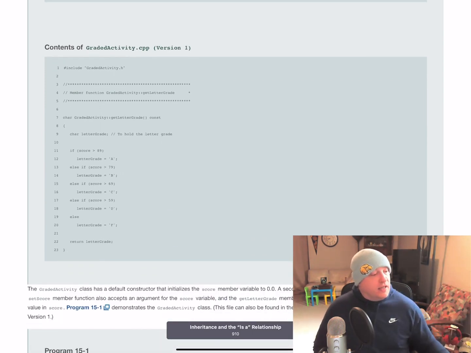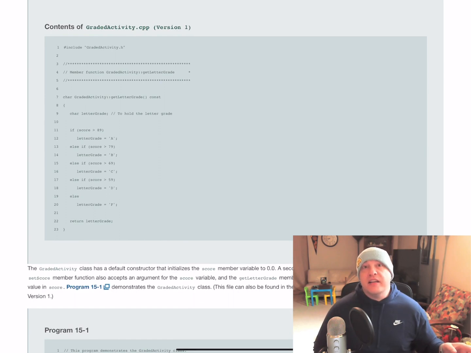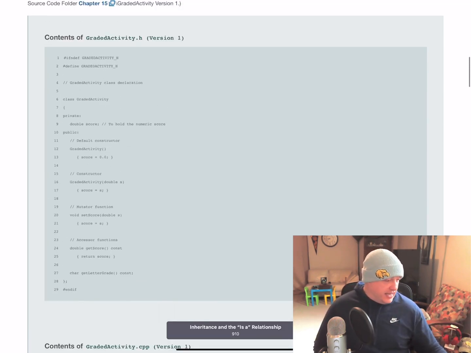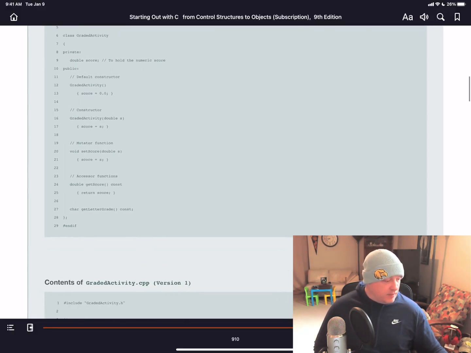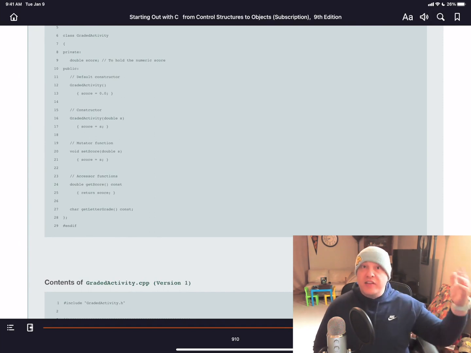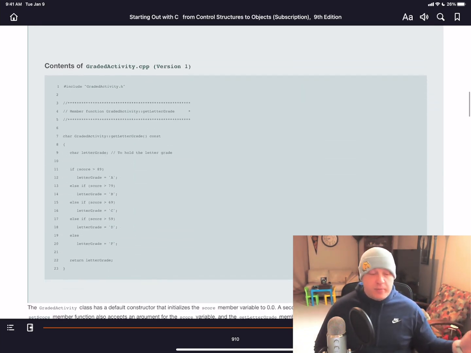So here, this is also page 910, we can see the graded activity.cpp. Remember, in our header file, it's the accessor one, the char get letter grade. That one is not defined there in your header, so the responsibility for this is going to overflow into your CPP.